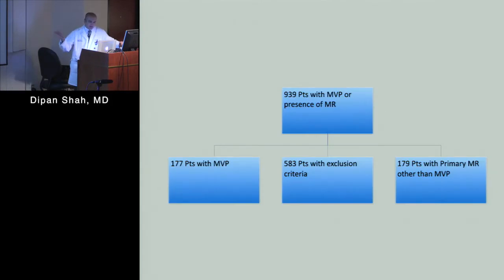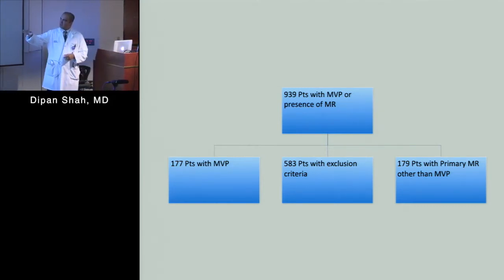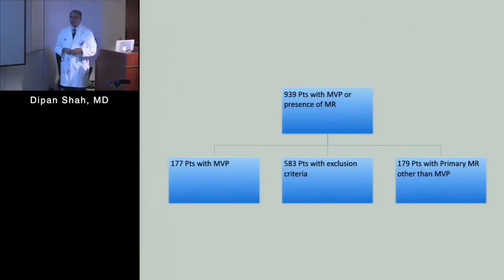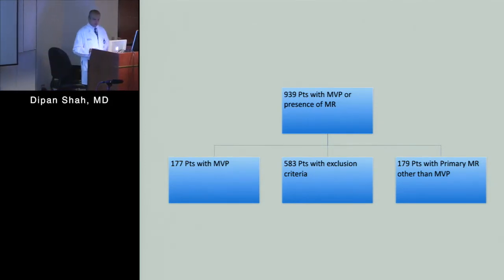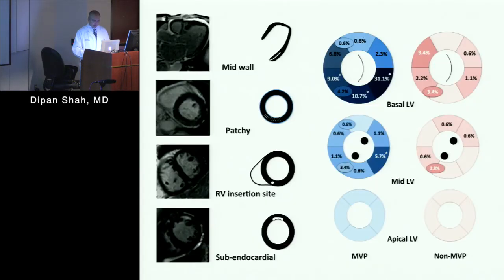And what we found is that out of 1,000 or so patients that presented to the MRI lab over the course of the last probably 5 or 6 years for evaluation of mitral valve disease, we had about 350 patients when we applied these exclusion criteria. Then we stratified those patients into those with mitral valve prolapse versus those without, and it fell out to be about an equal group, 177 with prolapse and 179 without mitral valve prolapse.